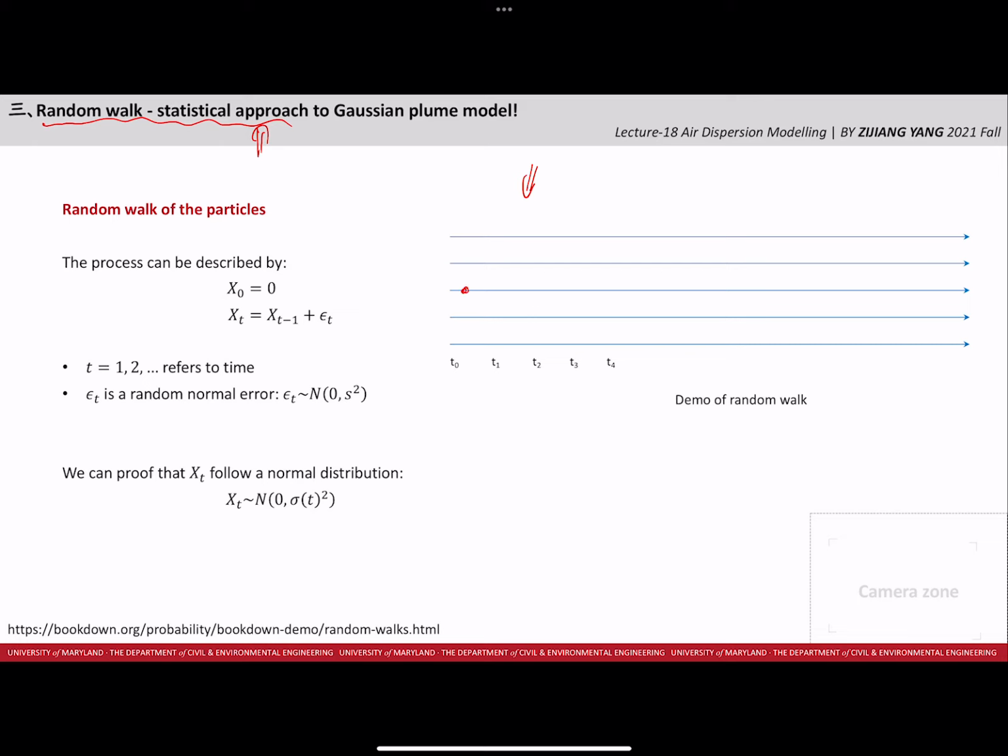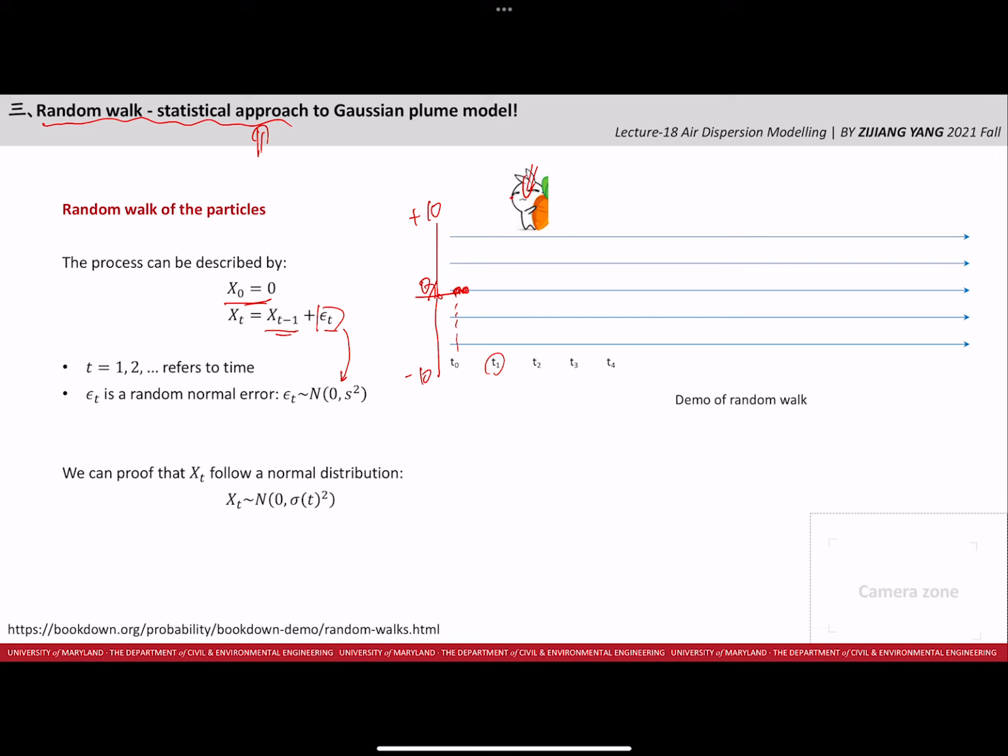So we can assume we have a particle at t0, and let's just say this is 0, this is plus, maybe plus 10, this is minus 10. So for this particle, it starts at 0, and then for the next time, it will have a vertical shift or vertical movement. And we can assume that this vertical movement follows a normal distribution.